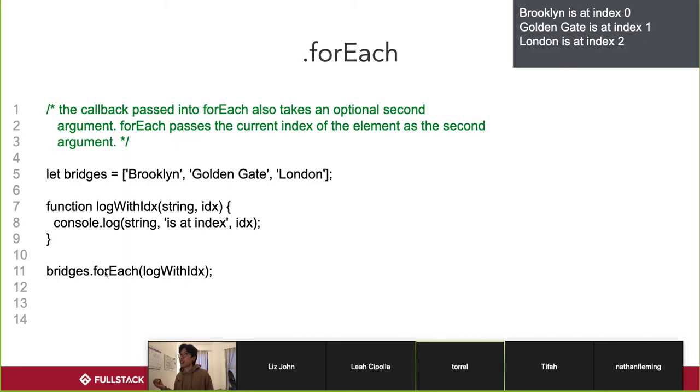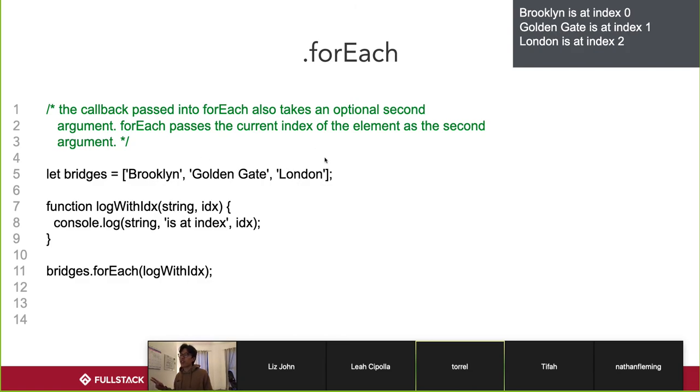If you want to do something on an array without having to create a for loop, forEach passes each element in that array to the function. Honestly, a for loop is a little more flexible, but forEach is a little shortcut that allows you to call a function on each element in the array.